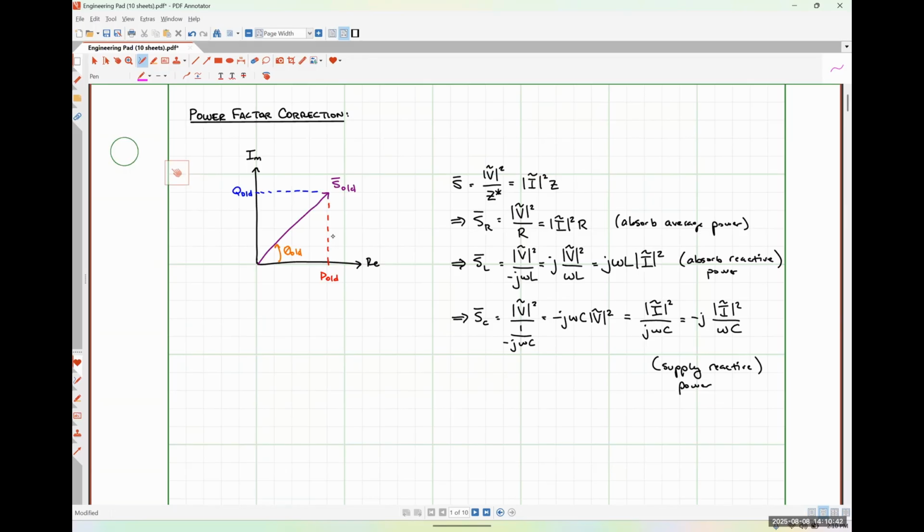And the way that we're going to make Q smaller is by adding capacitance to our system, right? Because a capacitor supplies reactive power or absorbs negative reactive power, it's going to wind up making Q overall smaller. So a better way to perform power factor correction would be using a capacitor while holding the average power constant. So something like this, right?